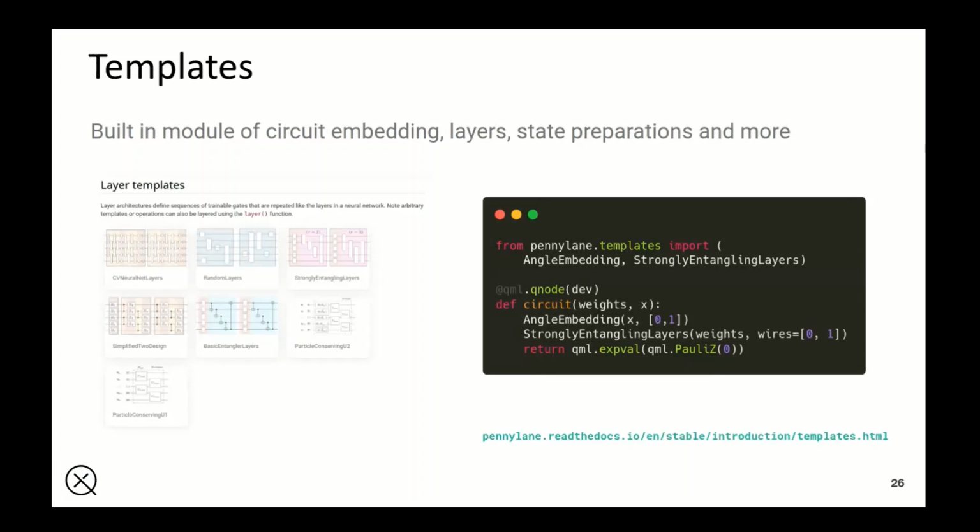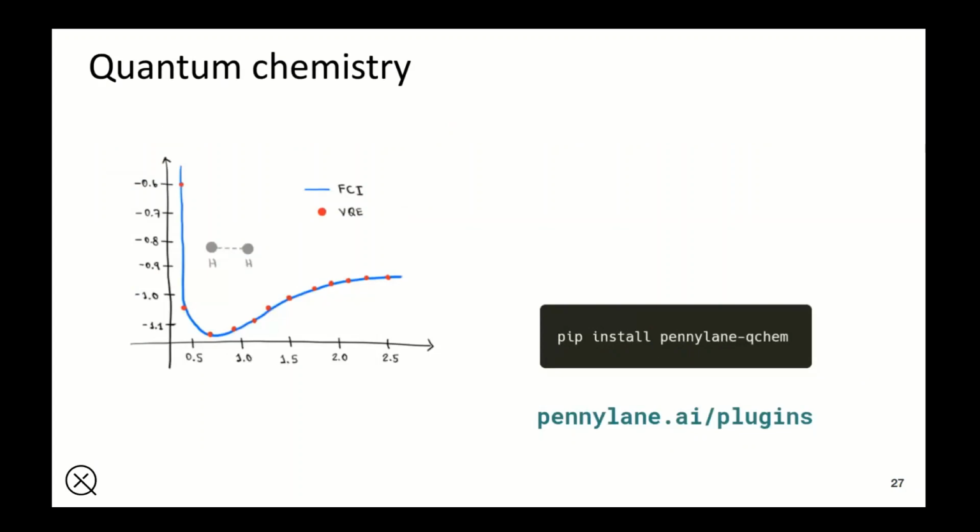These are basically recipes for Ansätze as well as for quantum circuit building blocks. So in this very example, you could use an angle embedding to embed your classical information, followed by some strongly entangling layers. The idea here would be to allow some layers to train your quantum circuit.